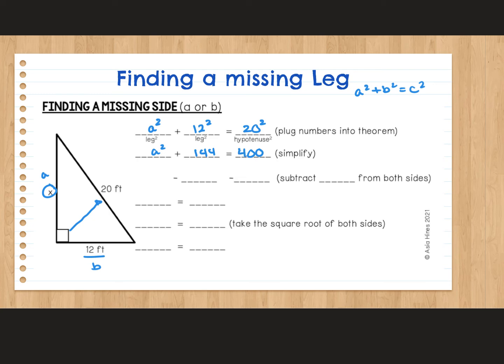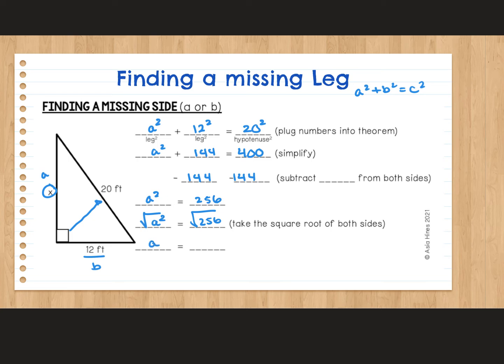All right, since we want to get a squared by itself, we're going to simply solve. So now we have to subtract 144 from both sides. So we get a squared is equal to 256. We're going to take the square root of not only a squared, but we're also going to take the square root of 256.